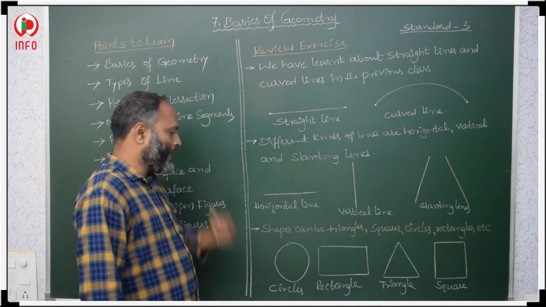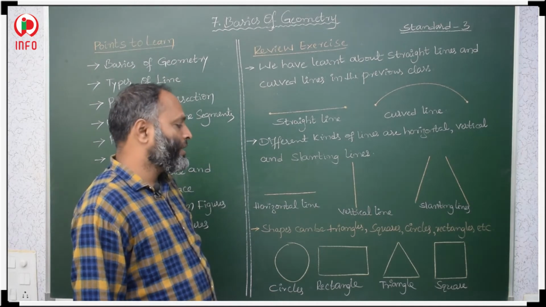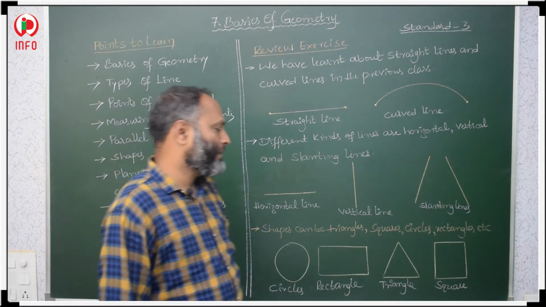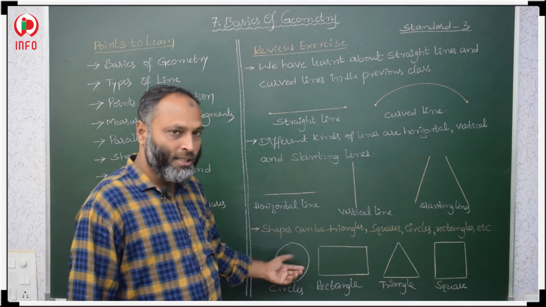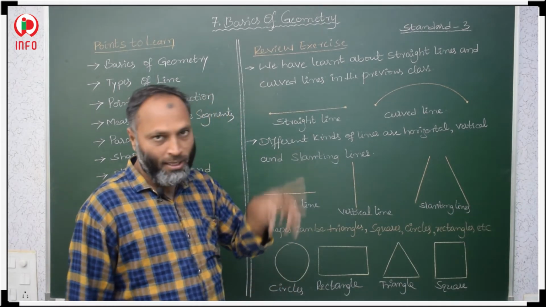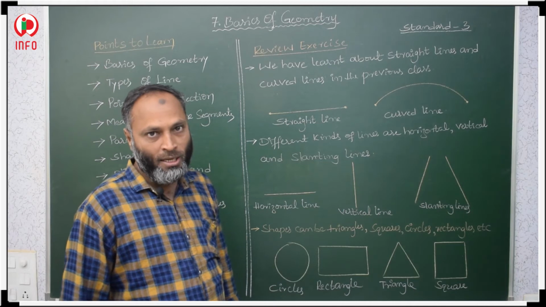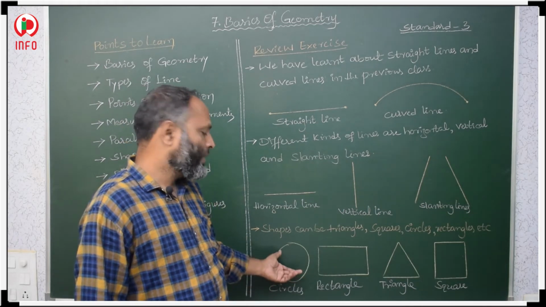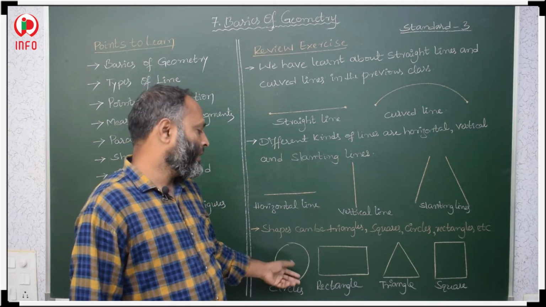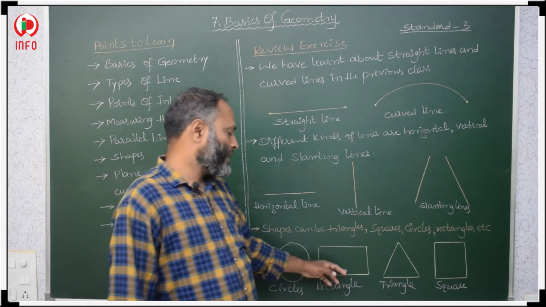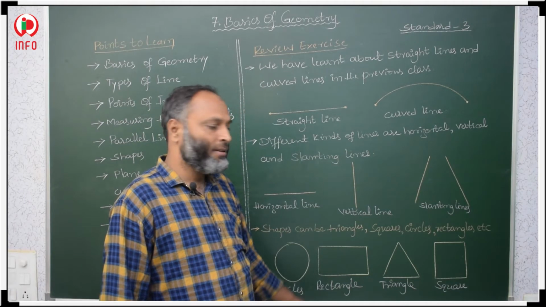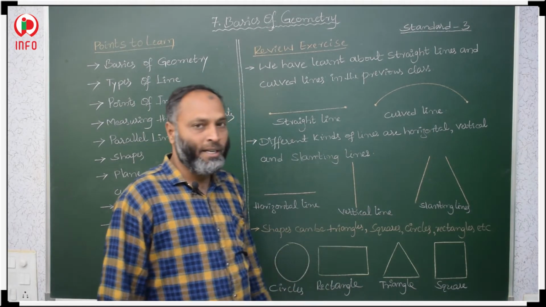Next, shapes. How many shapes did you discuss in the previous class? We discussed the circle. A bangle is in circular shape. Then the rectangle. If opposite sides are parallel and equal, this is called a rectangle.